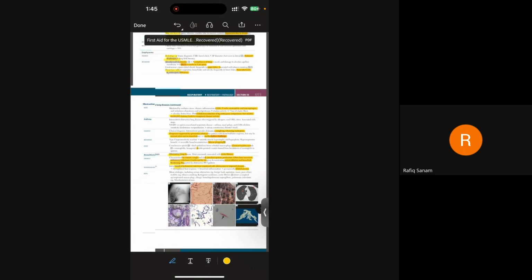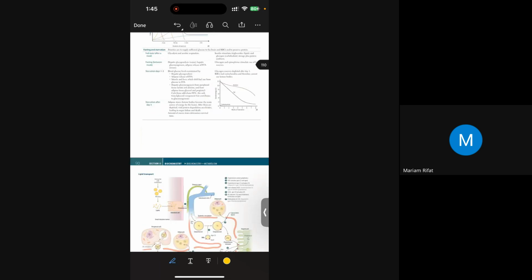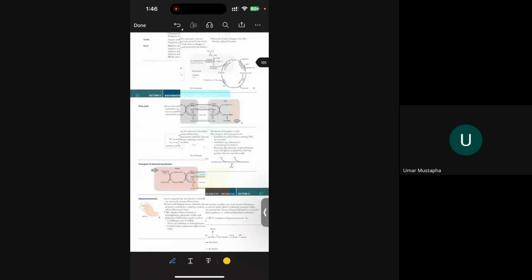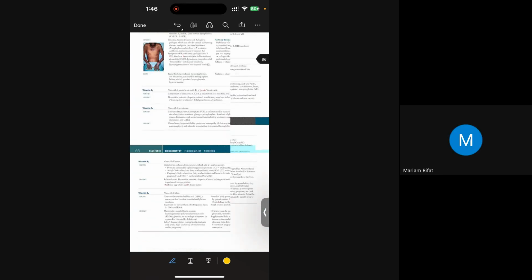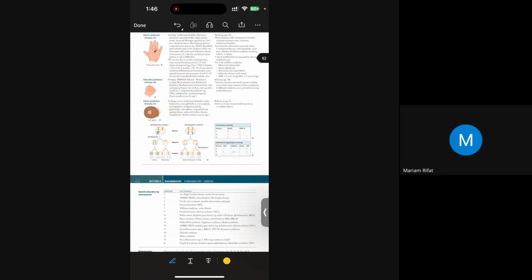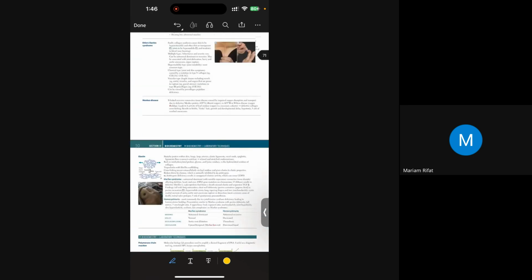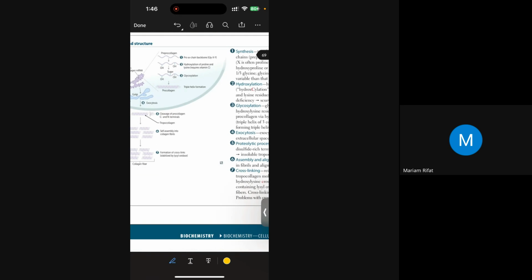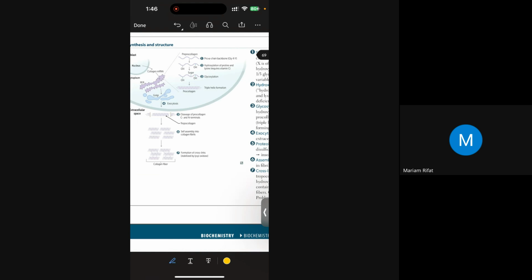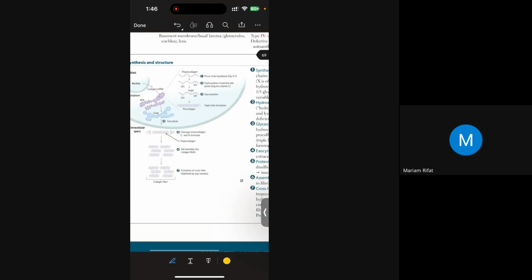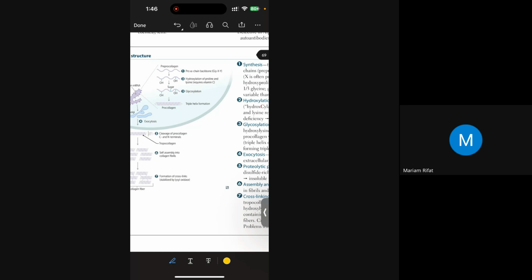Collagen synthesis defects cause osteogenesis imperfecta. Let's see where it is written. Triple helix formation occurs in collagen, not in elastin.